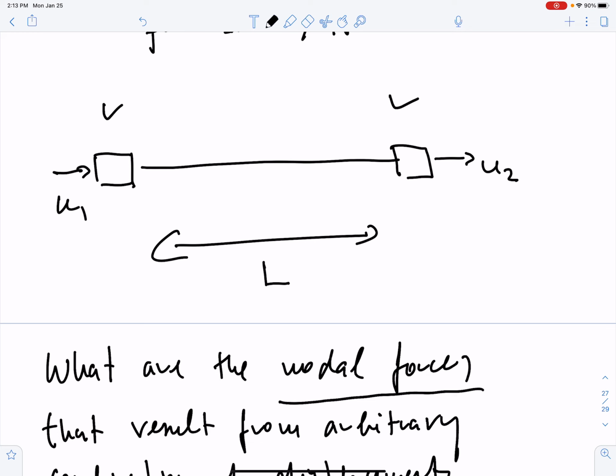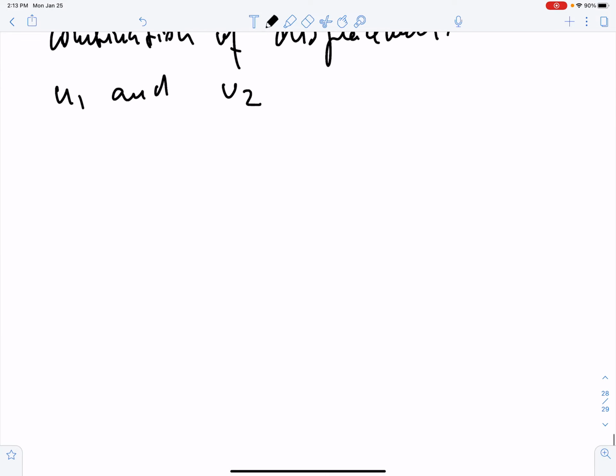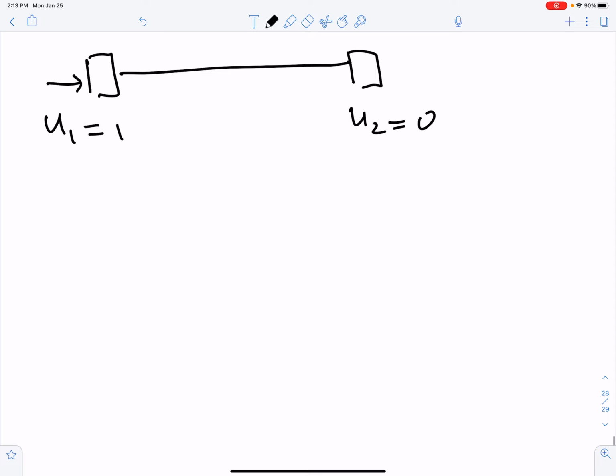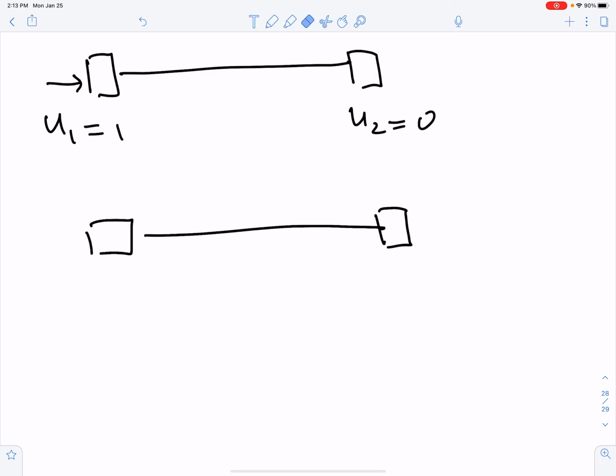And so all I need to do is look at two cases: U1 equals 1, U2 equals 0, and U1 equals 0, U2 equals 1.